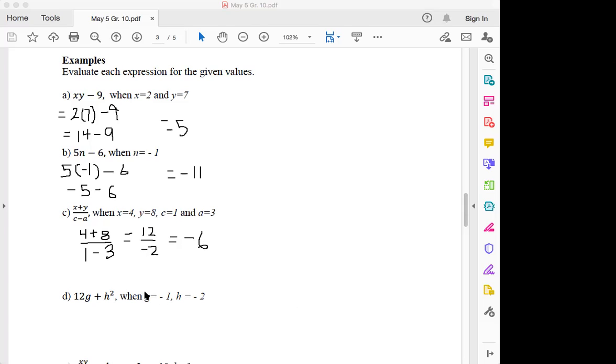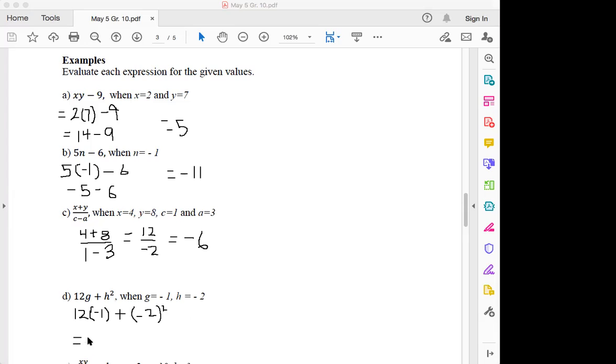Okay. We're going to do the same thing here. So 12 times g. So g is negative 1 plus h, which is negative 2, and squared. So BEDMAS says to do our squared first.